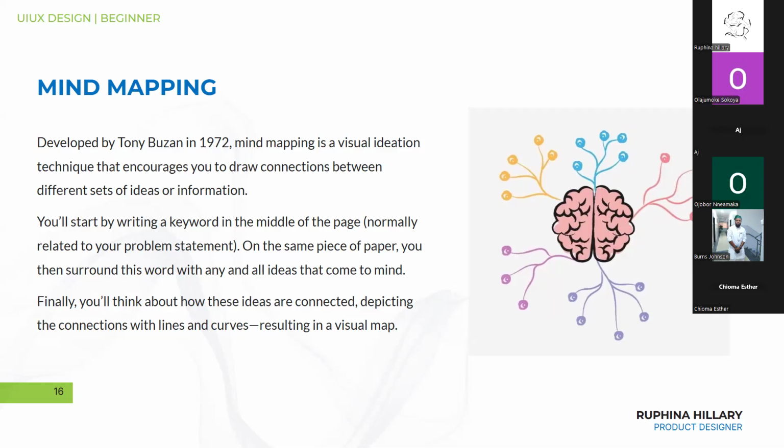So this is just about mapping different ideas, different information. More than one person can create a mind map. Sometimes what seems obvious to you might not seem obvious to the other person. So just create a keyword. Our keyword here is tracking struggles. You put it on your whiteboard, then anybody can come in and map whatever insight they have, or whatever connection they can think of, resulting in a visual map.